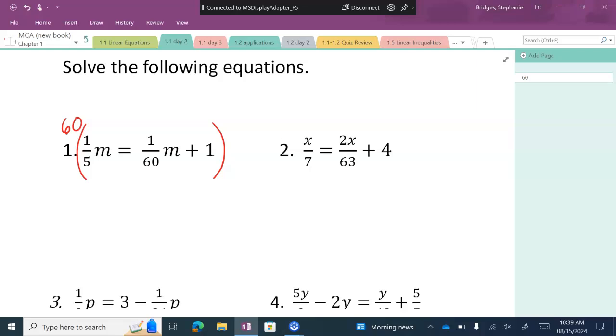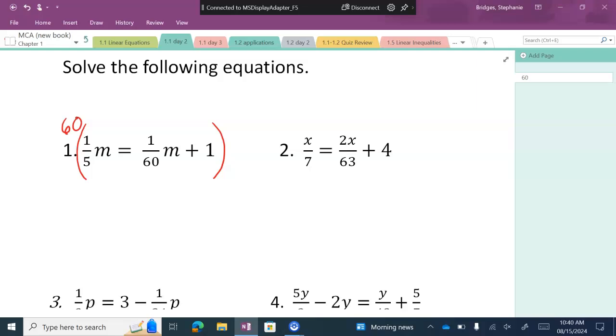Everybody ready? So this is how you do it. You always look at the denominator. The goal is to make this disappear. To make a denominator disappear, what number does it need to turn into? What number do we not have to write as a denominator? 1, right? So as long as I can turn that 5 into 1, I'm good.